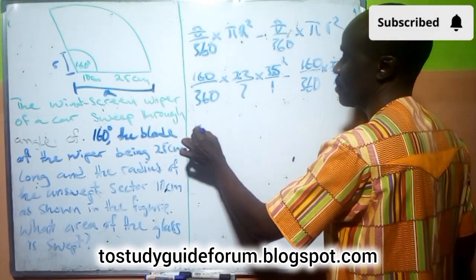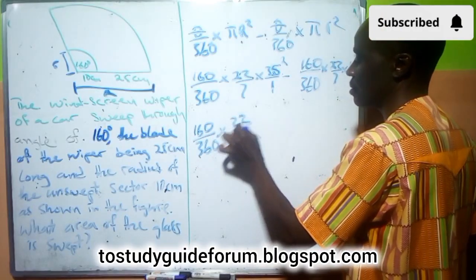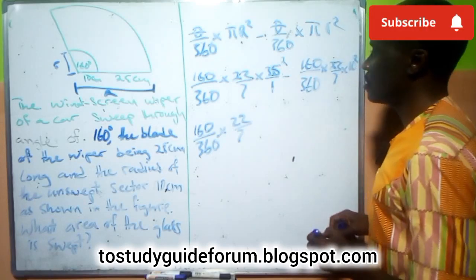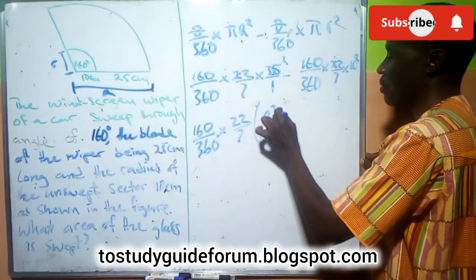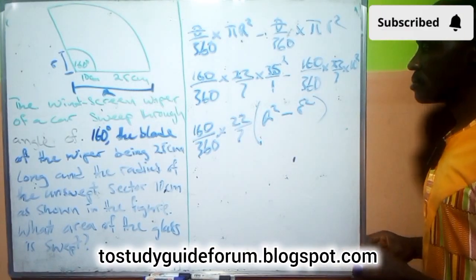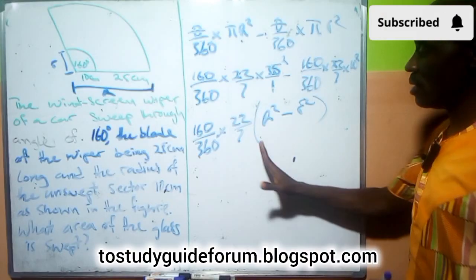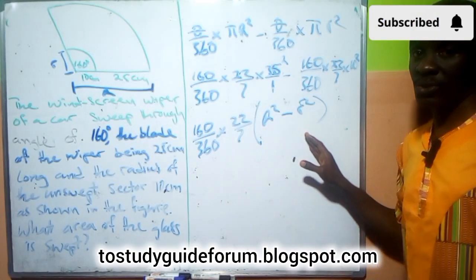We have theta over 360 times, and then out of the bracket, we have big R squared minus small r squared in brackets. I think this will make it easier for us. Anyway, let's work out these ones first, then we'll come back and do justice to these ones.